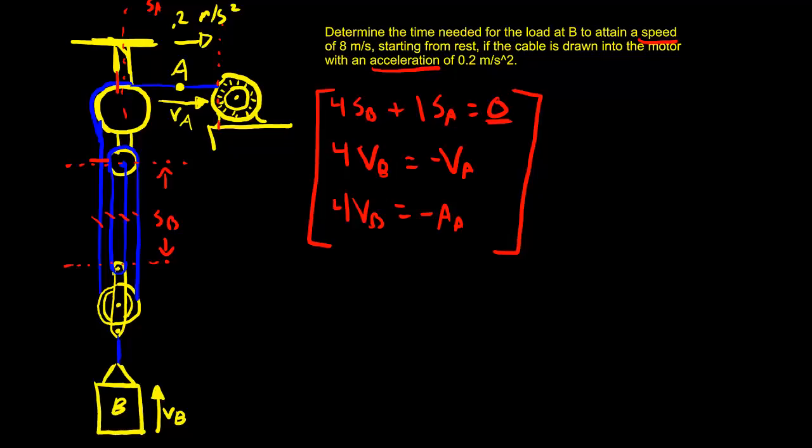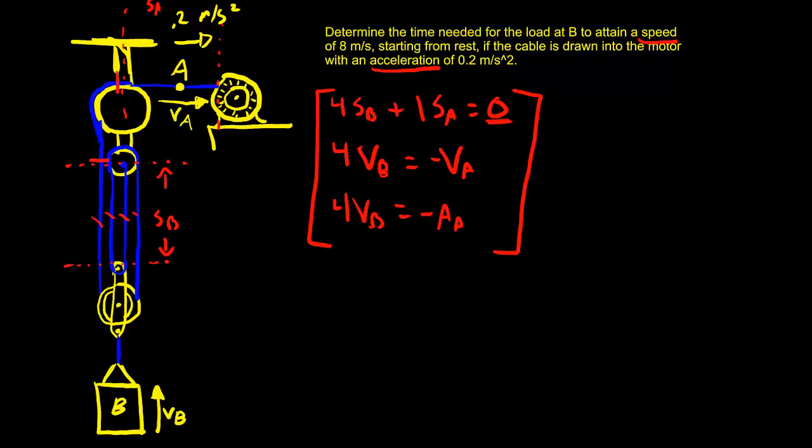Basically, when the motor's going in, these cables are shortening. So A is moving at a different acceleration compared to these cables, because with a pulley system, every time you add a pulley in, your speed decreases by half. So that's kind of where we're going with this. I encourage you to pause the video and think about it.